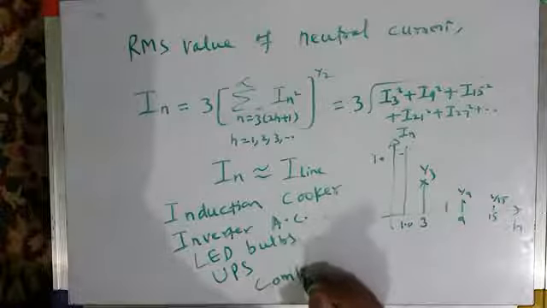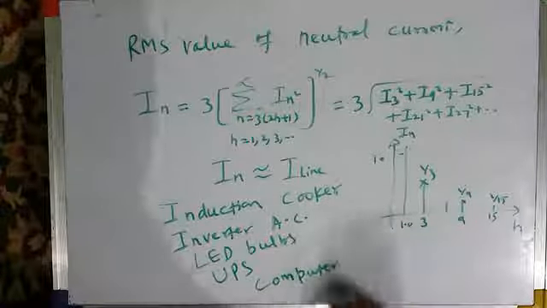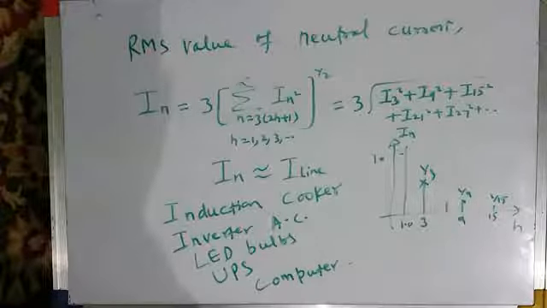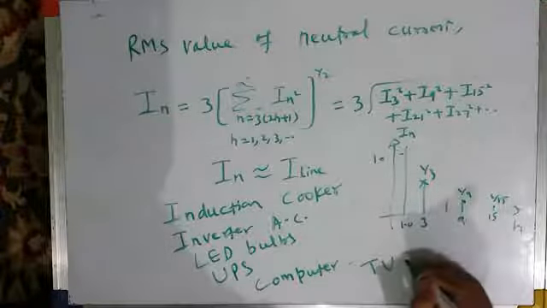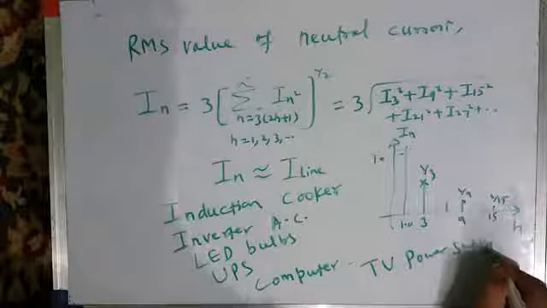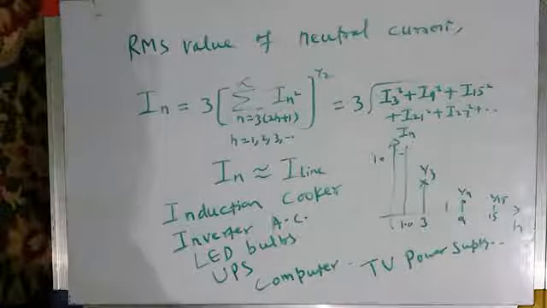Computer load, because a computer is fitted with a switch mode power supply, also draws triplen harmonics. TV power supply also draws triplen harmonics. See, in modern day loads, we are using these types of loads, which are single phase non-linear loads.